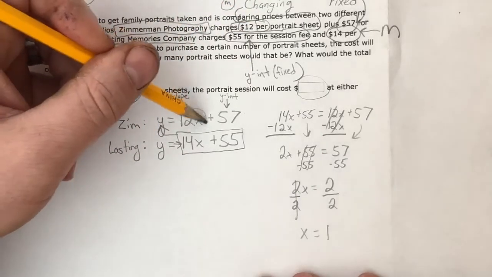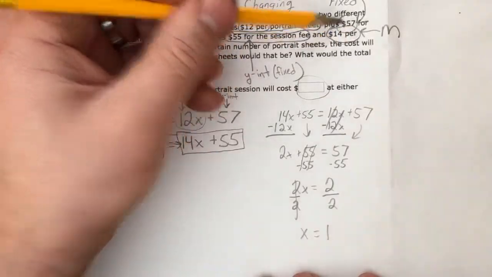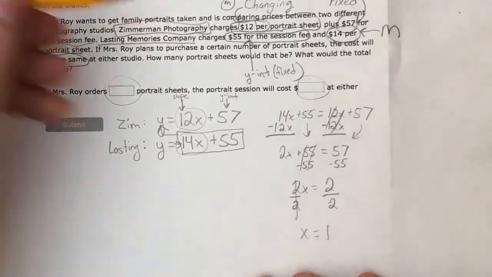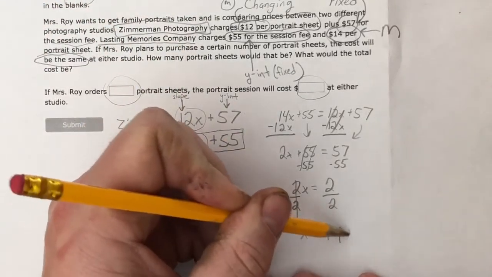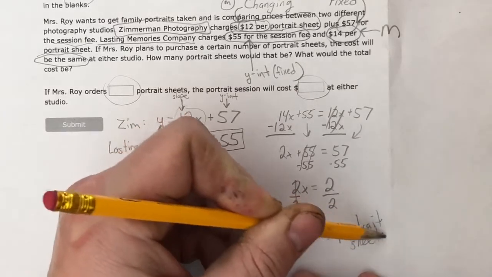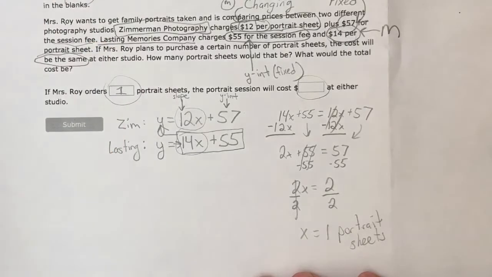And look what the 12 is next to. The 12 is next to x. Here we have 14 per portrait sheet. So again, the 14 is next to x. So this x is portrait sheets. So portrait sheets will go here in your IXL answer. So it's going to be one portrait sheet.